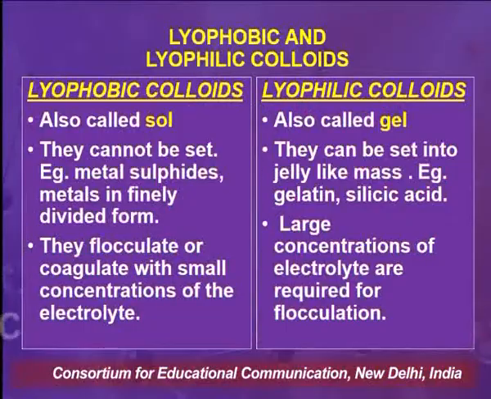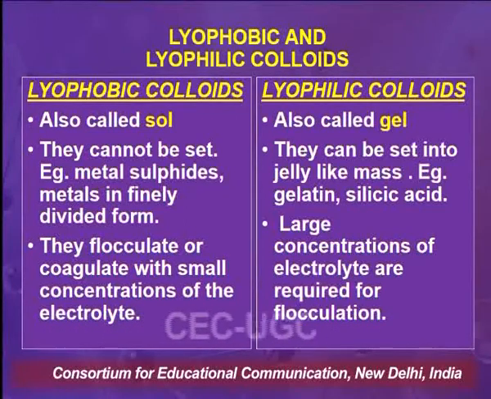Lyophobic colloids cannot be set. For example, metal sulfides and metals in finely divided form. However, lyophilic colloids can be set into a jelly-like mass. For example, gelatin or silicic acid. Lyophobic colloids can flocculate or coagulate with small concentration of the electrolyte. Flocculation or coagulation is the conversion of a colloid into a precipitate.